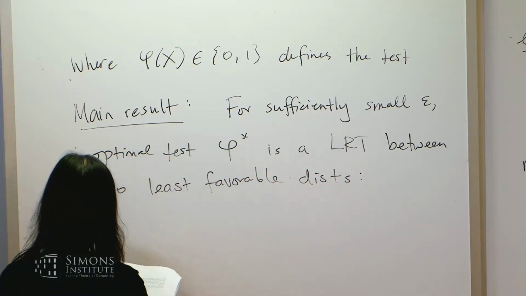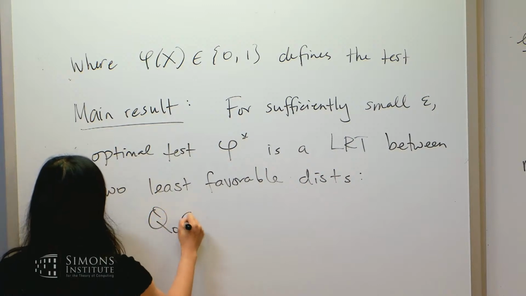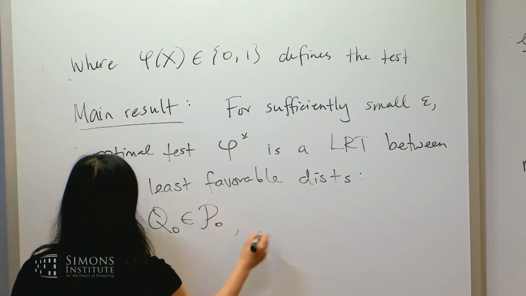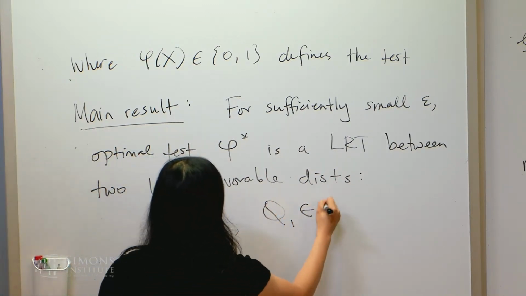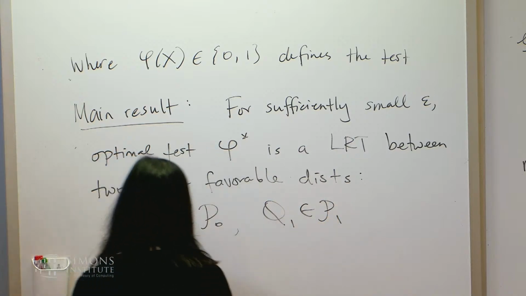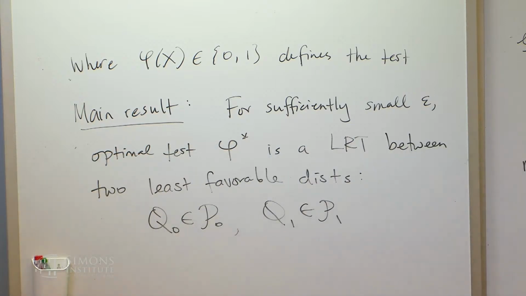The distributions are Q0 in P0 and Q1 in P1. Let me now write down some version of the result.